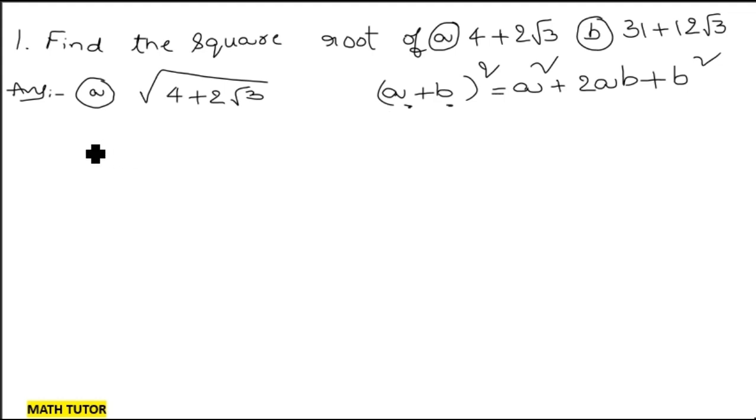Okay? So let us try. I can write 4 in the form of a square part, right? That is 2 square plus, and 2ab is nothing but 2 into a into b, right?